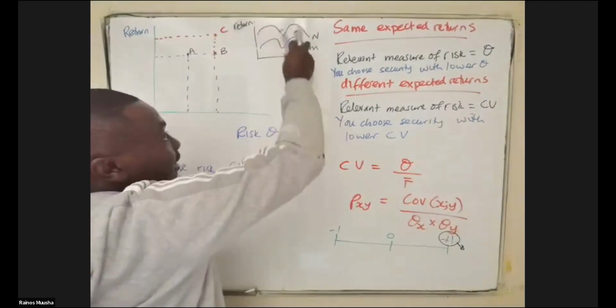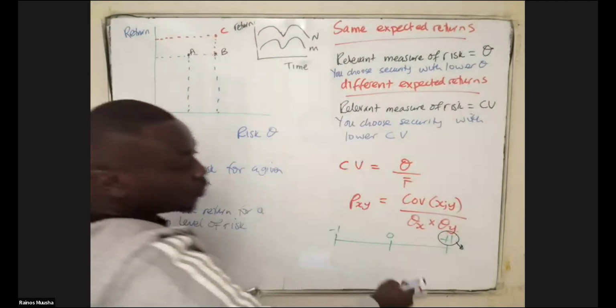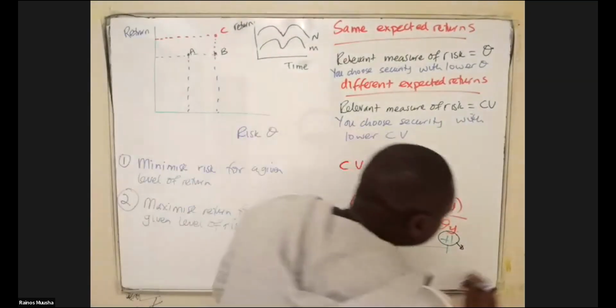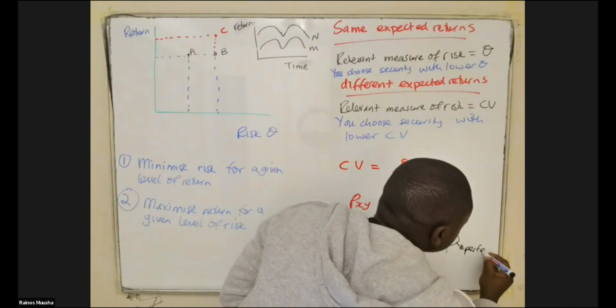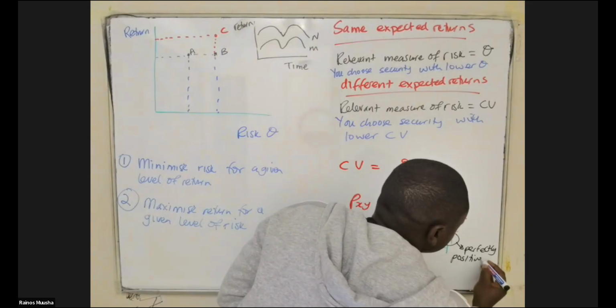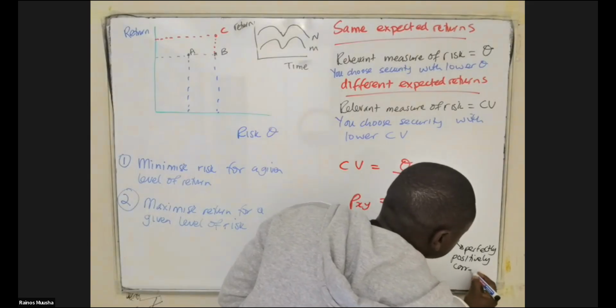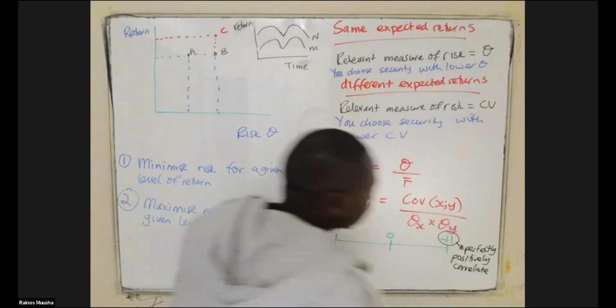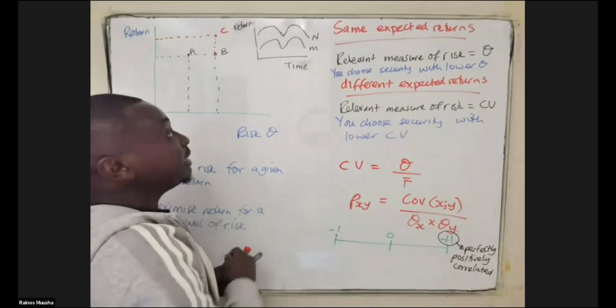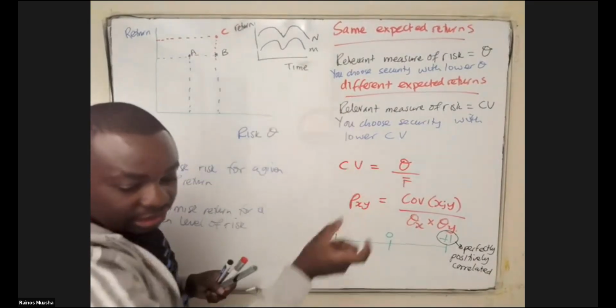If they're moving exactly in the same direction, we are saying that the correlation coefficient is at +1. And this is where we say it's perfectly positively correlated, because they are moving exactly in line with each other.